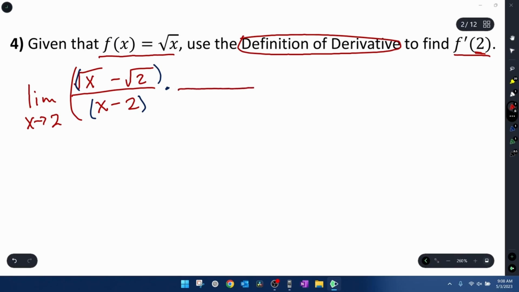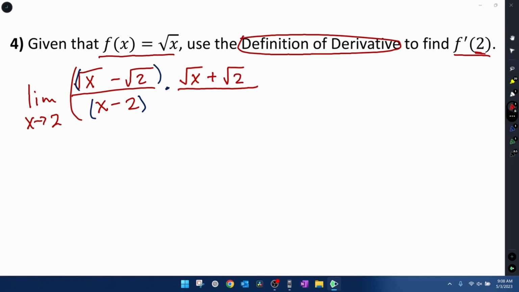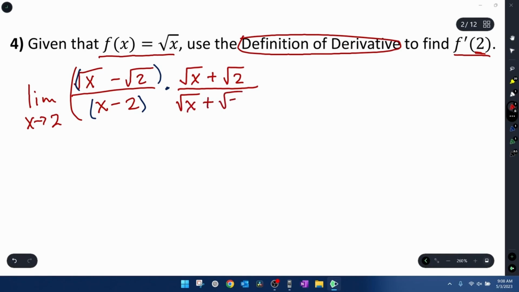Meaning that we're going to multiply by something over itself, which is effectively 1, and our goal is to get rid of the radicals in the numerator. So to do that, we want to multiply by the conjugate. That is the same radical stuff with the opposite sign. We have to do that to top and bottom, and then we're going to get to do the FOIL method.